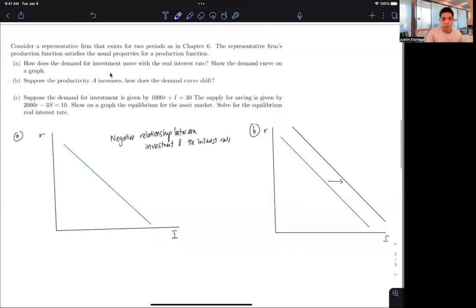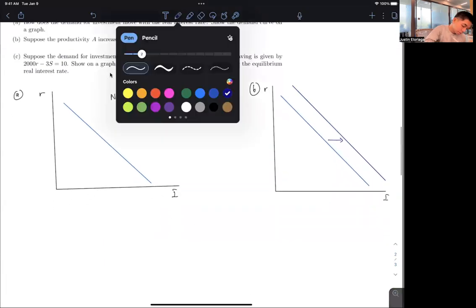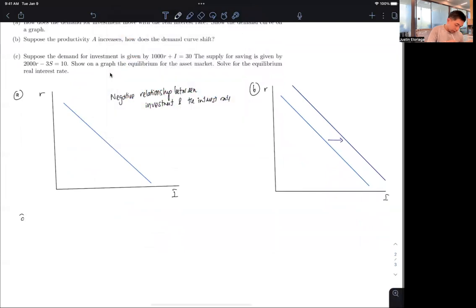So that's pretty straightforward. Letter C is also very straightforward. We're given actual demand and supply functions. So you have an investment demand equal to this, and a supply of saving given as this, and it's asking what is the equilibrium in the asset market. That's very simple enough actually. So you have a couple of equations to consider.